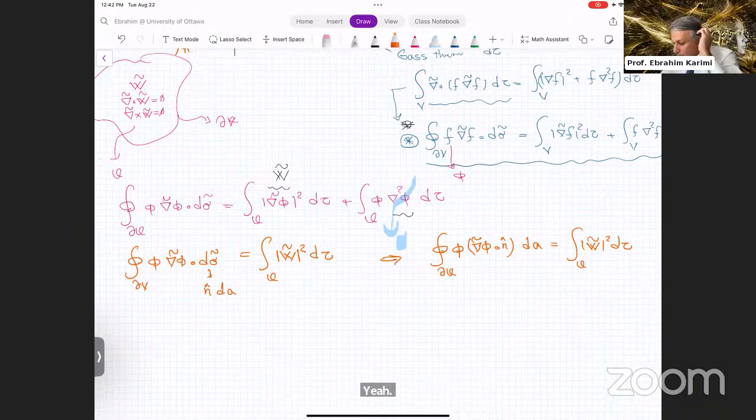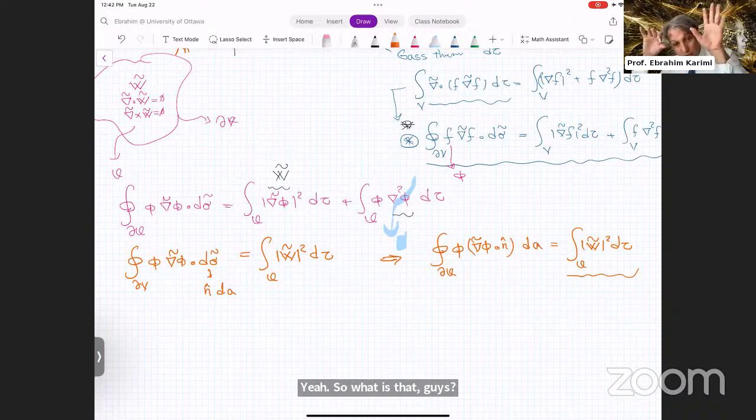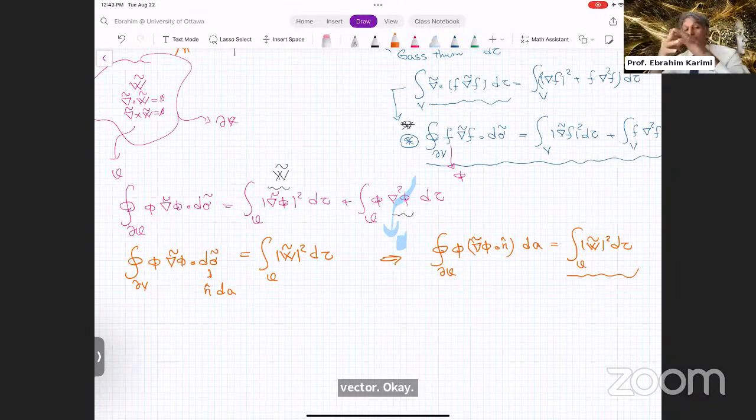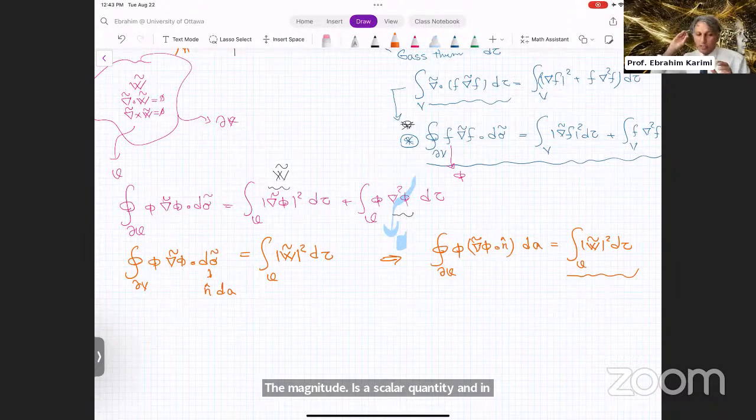So what is that, guys? It is the magnitude of a vector, okay? The magnitude is a scalar quantity on a volume. It tells me what is happening at every point that I have, the magnitude of the vector, and then you sum them up.